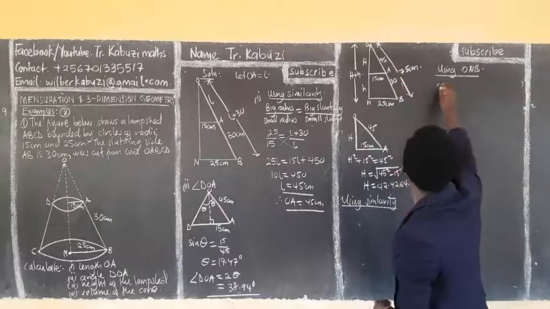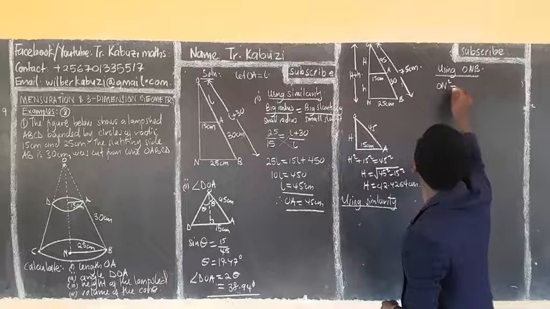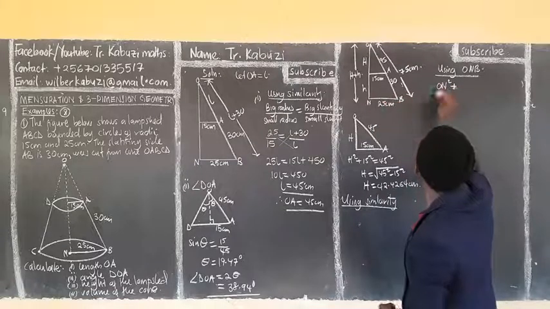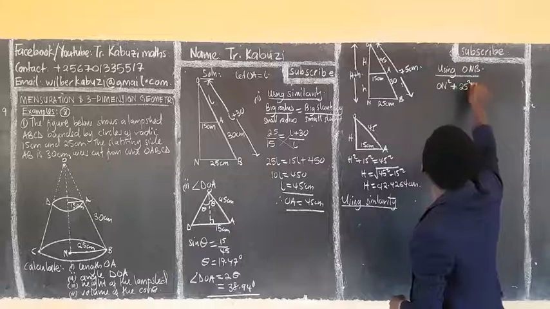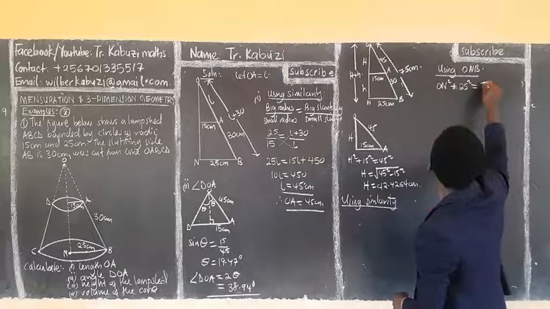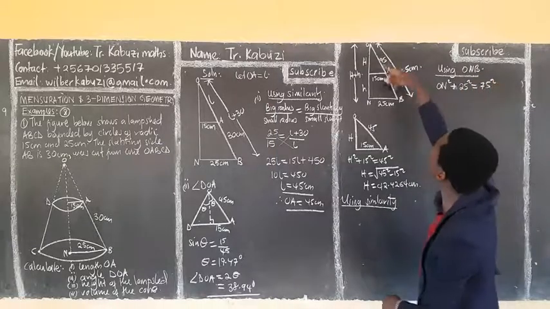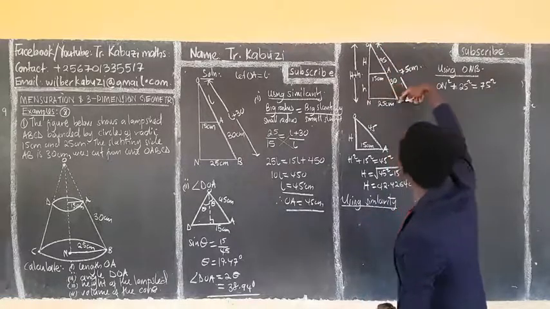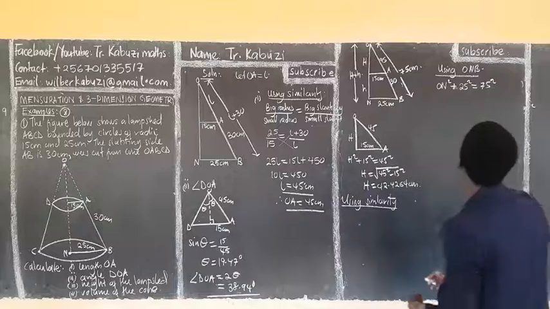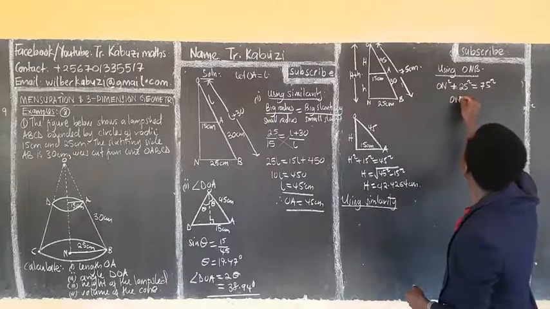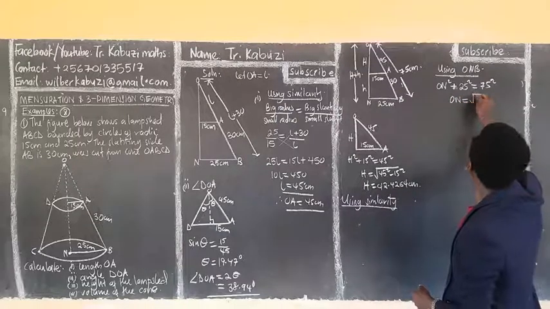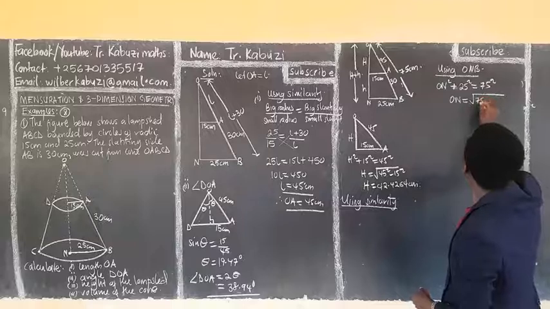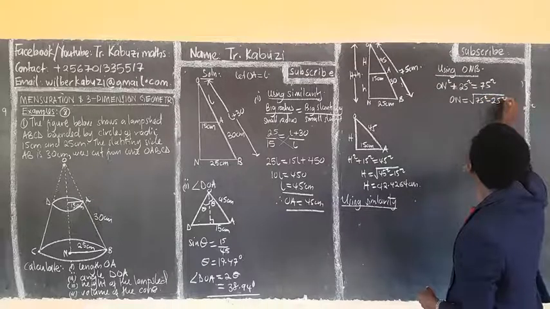this height n squared plus 25 squared will be equal to 75 squared. Using this, this is the side, then plus this is equal to the longest side. So here our n is going to be the square root of 75 squared minus 25 squared.